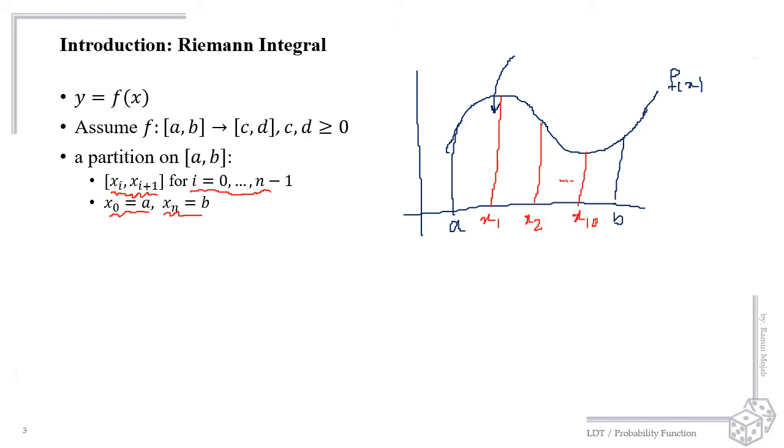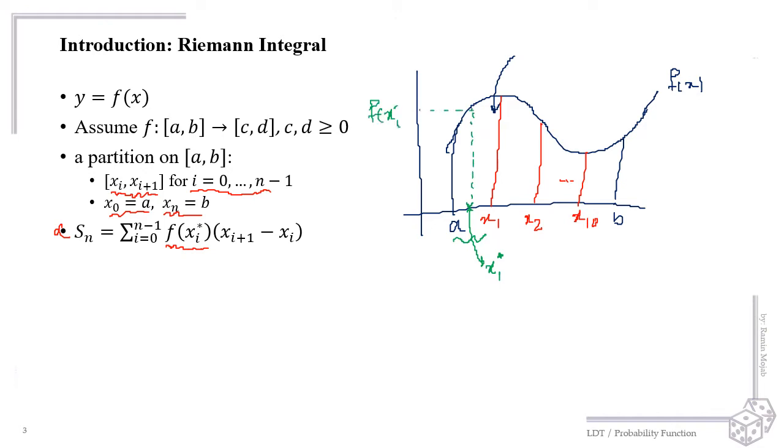And now we define the Riemann sum. You're familiar with this sum. It has this value. Let's say that in this interval a to x1, we choose a point here. We call it x1 star, and the value of the function in this point is f of x1 star, which we have here, and we'll have this rectangle here.